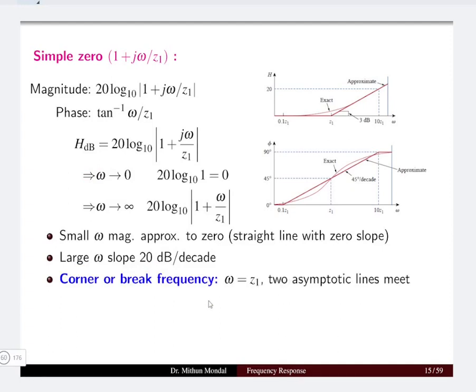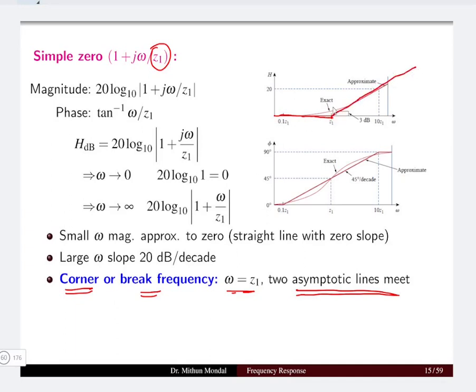It means that at a certain frequency z1, which is nothing but the zero, the two asymptotic lines will meet, and that frequency is known as the corner frequency or break frequency. Now let us see the magnitude plot. So this is constant with the 0 slope, and then we will have a slope of 20 decibel per decade.